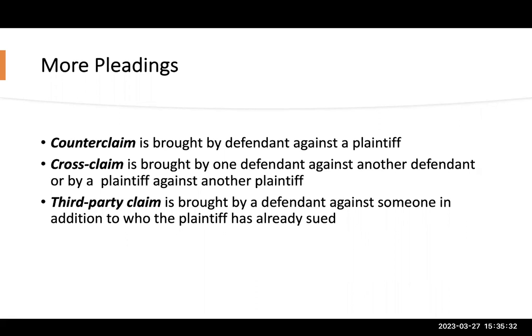dispute. A third-party claim, on the other hand, is where a defendant brings someone else into the lawsuit. Again, going back to my first example, where a material supplier is sued by the purchaser, a third-party claim might be, say that material supplier, say it was Home Depot, they would in turn sue the manufacturer who they bought the products from to bring them into the lawsuit.